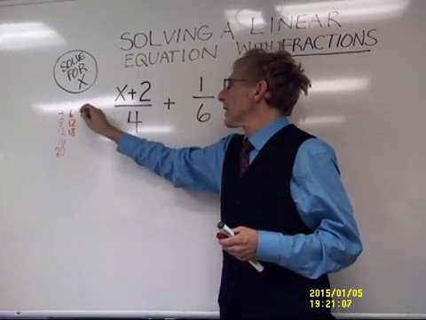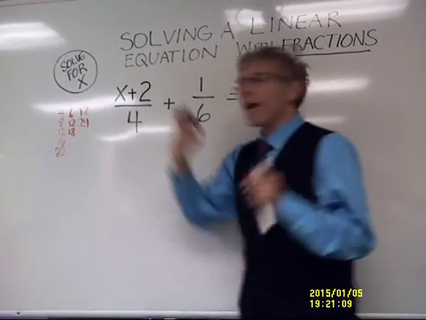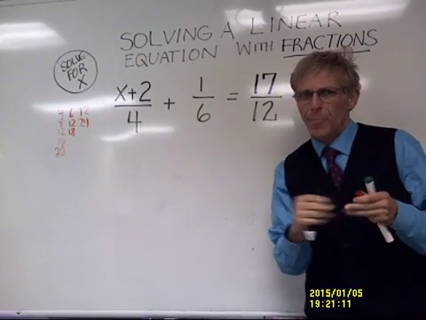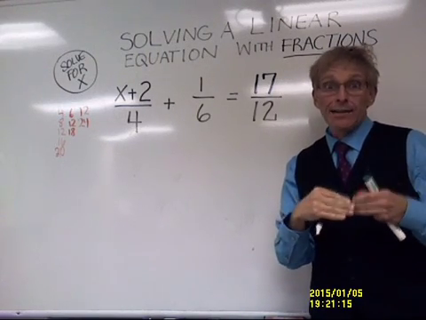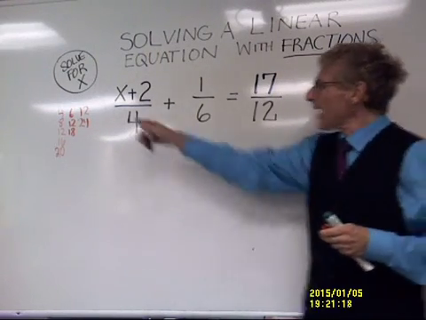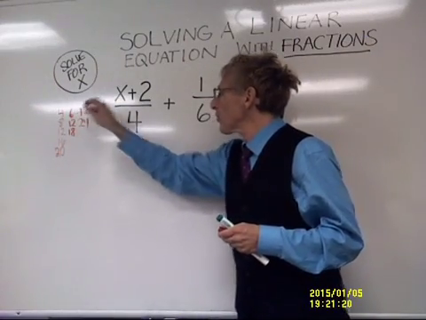I don't really have to go much further because I want the smallest number that's on all three lists, and that's how I get my least common denominator, and that's 12. 12 appears on all three.